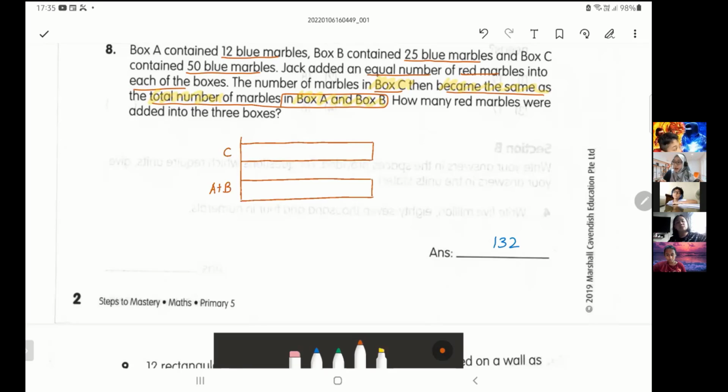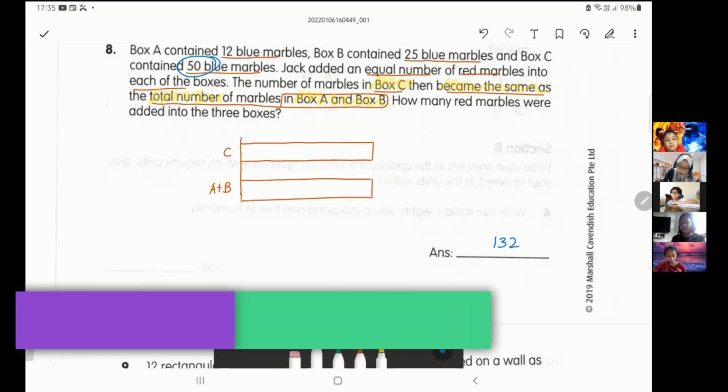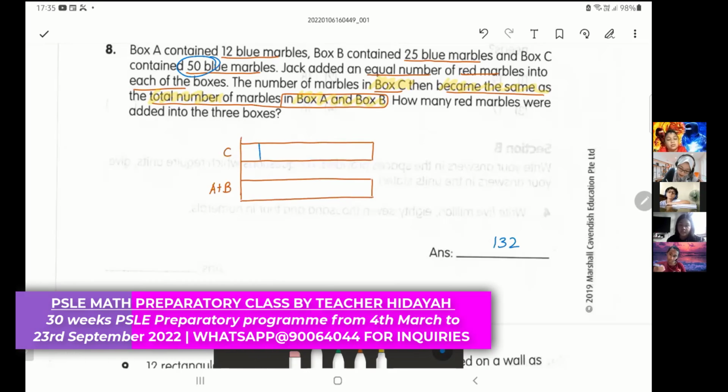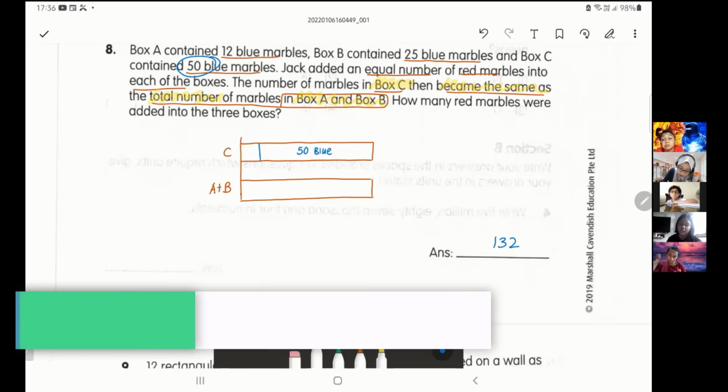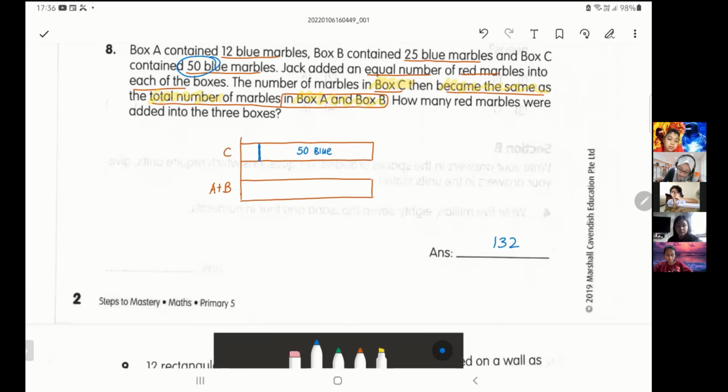Okay, like that, right? But this is after the red marbles were added. What I want is how many red marbles were added. Okay, so if you look at the starting, let's go back to the starting. Box C contained 50 blue marbles. So let's say this is my 50 blue. This one is my red. The rest of them are the blue.